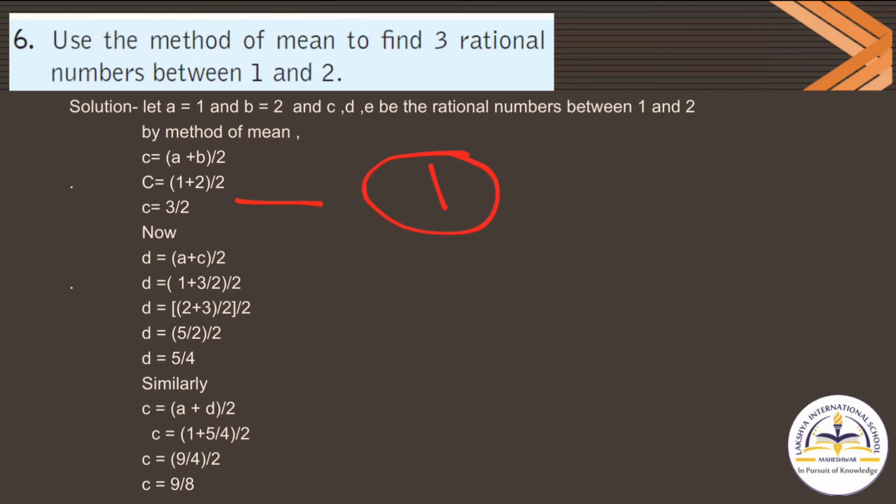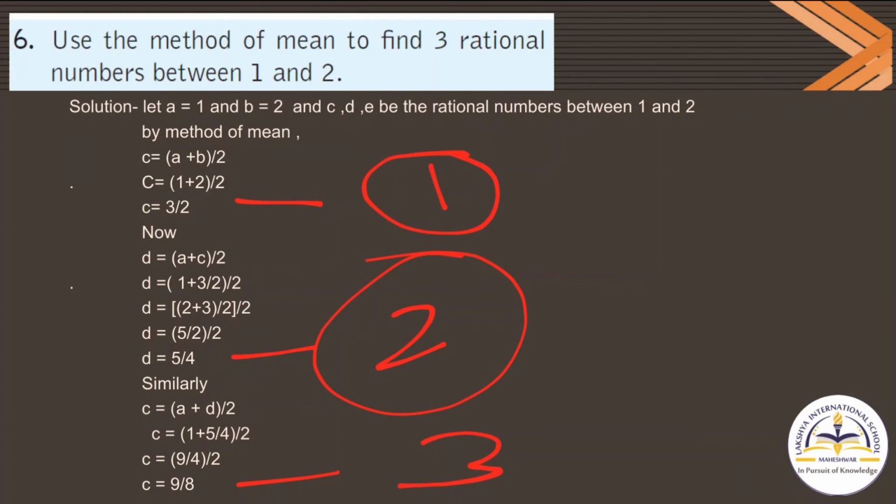So (1 plus 3/2) upon 2. D equals (2 plus 3) upon 2 divided by 2, when you solve this, you will get our next value, 5/4. Now similarly E equals (A plus D) divided by 2. When you solve this, you will get our third value.